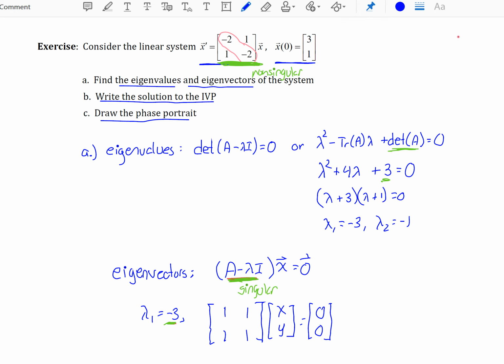This allows us to be able to find our eigenvectors. And here we're looking for a vector that will produce the 0 vector when we multiply it. And I'm thinking one of the eigenvectors might be 1, -1. If you did 1 of the first column and -1 of the second column, you would get 0 back. Of course, there are other eigenvectors you could have used.